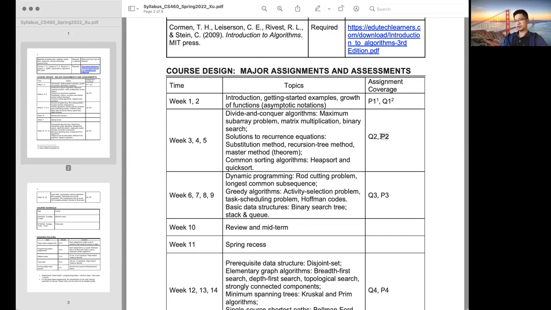I can add new Jupyter notebooks into that folder. This is the first time I'm experimenting with programming-based assignments because I think it's useful. It's helpful for you to understand the algorithms and to practice algorithm programming skills as well.